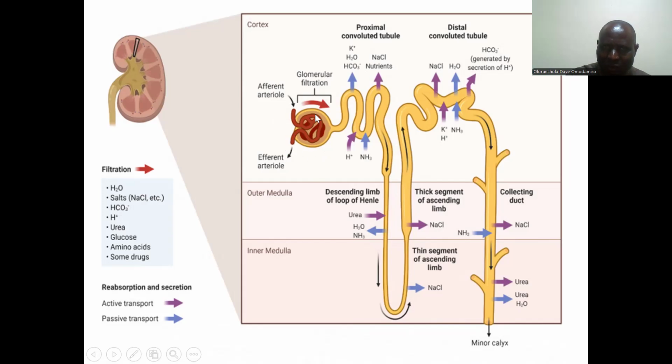And once the glomerular filtration rate favors it, the drug will be filtered here. This is a very simple process. Then when the drug is filtered here, it moves from here until it is collected at the collecting duct, taken to the bladder, and then released, and the drug is eliminated from the body.